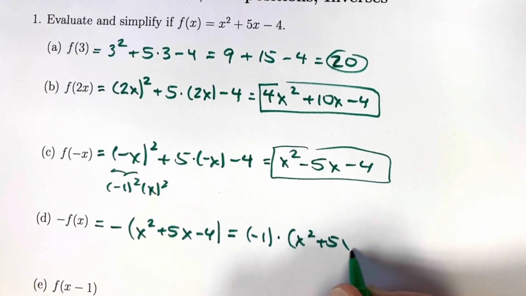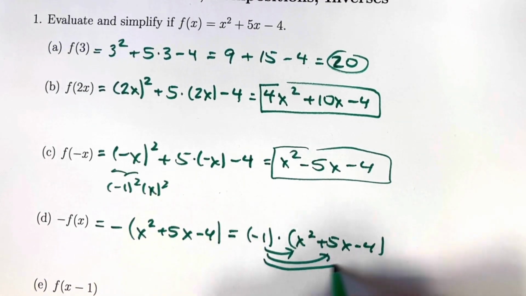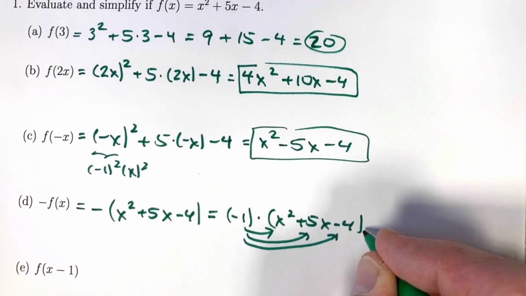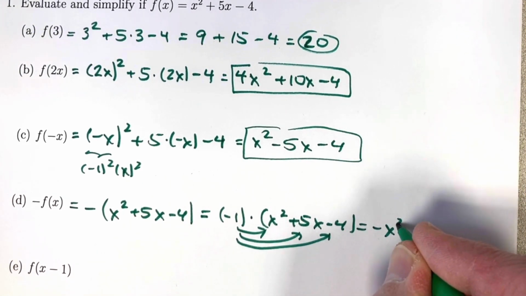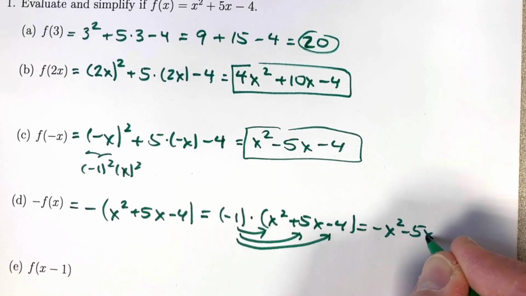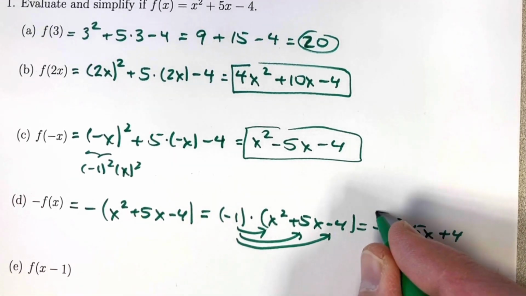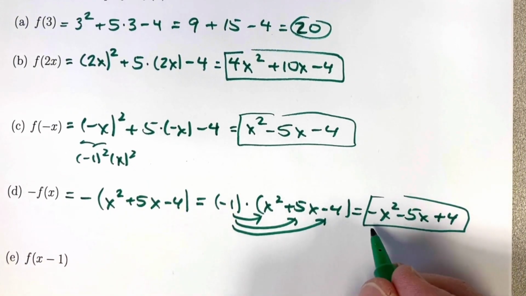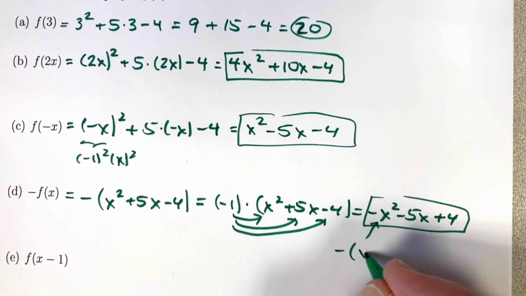And by the distributive property, you can then and should distribute the minus 1 through the parentheses, multiply each term by minus 1, so you will get negative x squared minus 5x, and then negative 1 times negative 4 is plus 4. This is the answer, though you should realize when you look at this expression right here that that means negative x quantity squared.